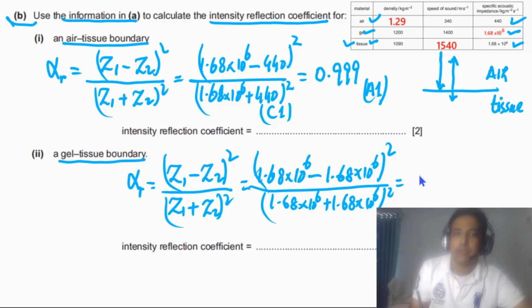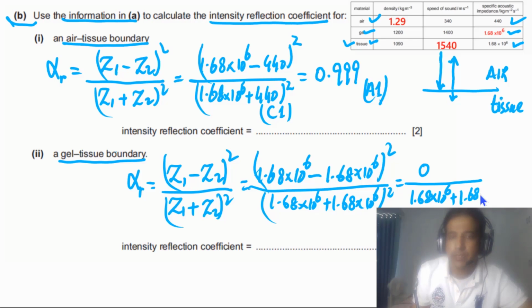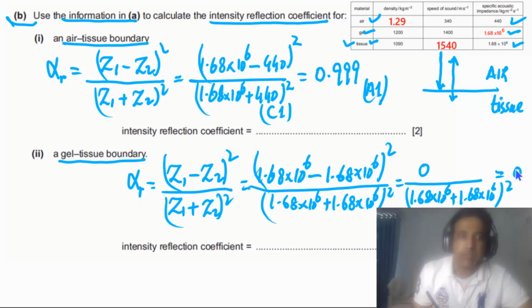If we solve this one we will get 0 divided by this. So in this case we will get 0. So it simply means that reflection is 0.